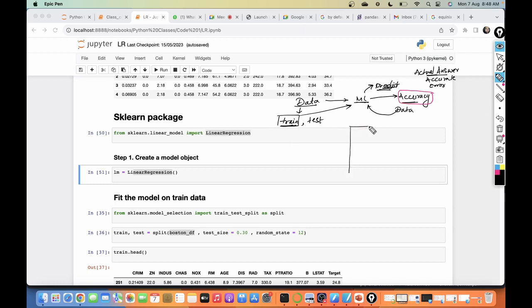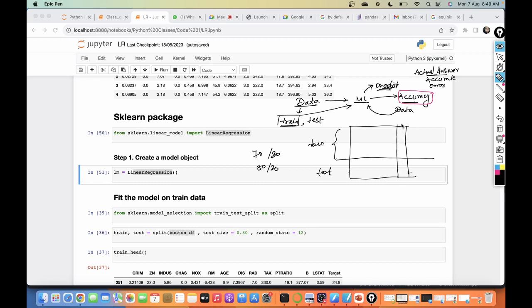So for example, this is the total data. We'll split the data into maybe 70 is to 30, 80 is to 20, right? Split the data into train. Most of the data will go to the train and the rest of the data will go into the test, right?